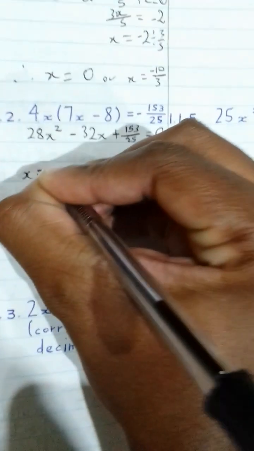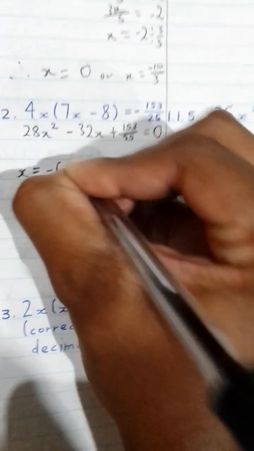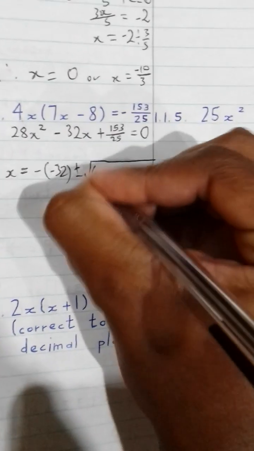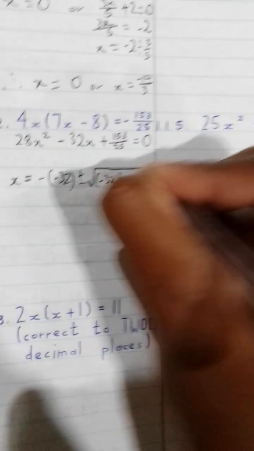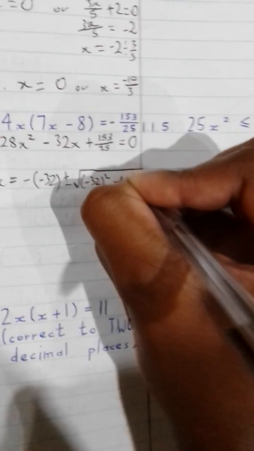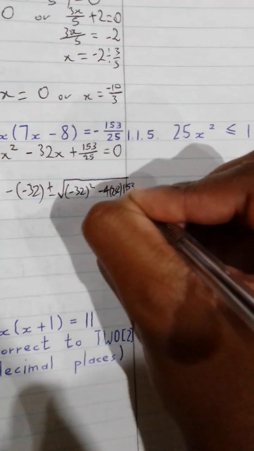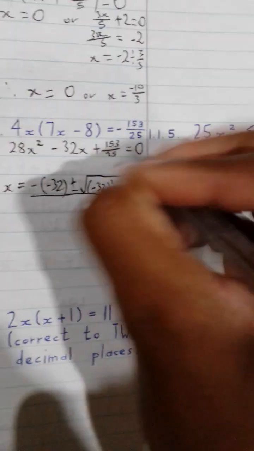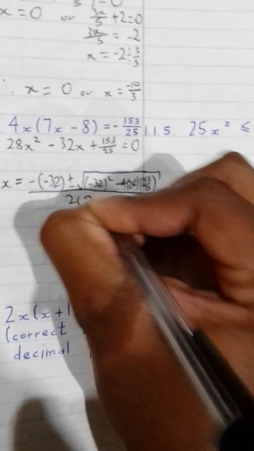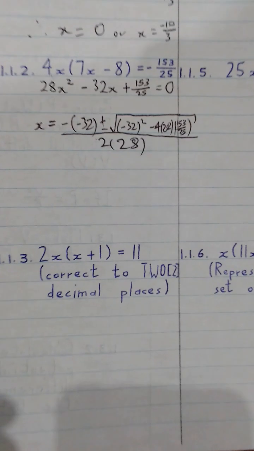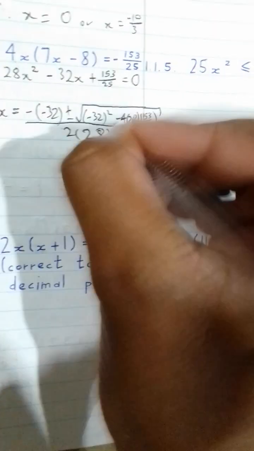X is equal to minus B, negative 32, plus minus square root of negative 32 squared minus 4 times 28 times C, which is 153 over 25, all over two times 28. Negative times negative is positive.